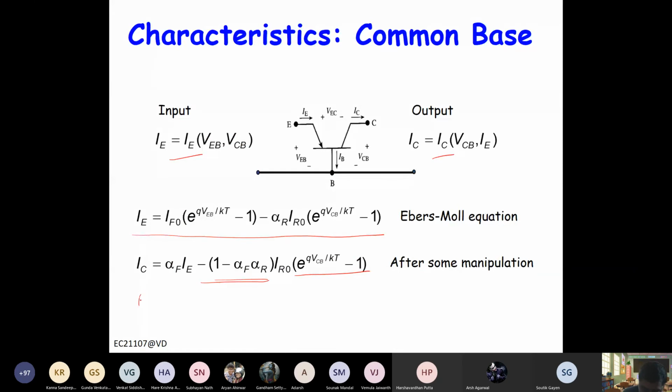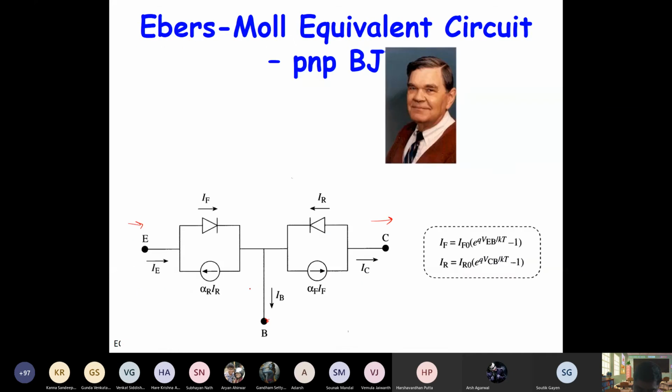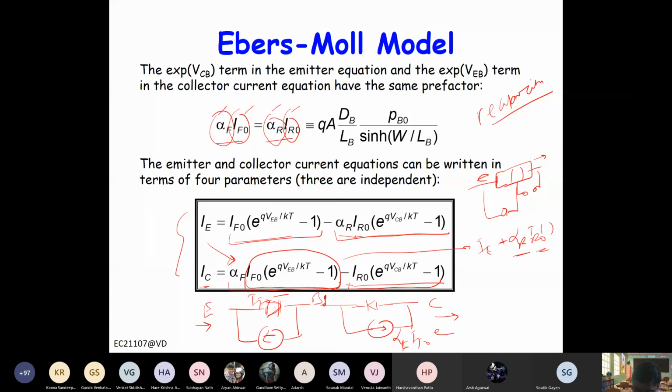And similarly you can write IE also. IE will be alpha R times IC. IC can be written as minus IC, IR naught, minus IC plus alpha F IF naught, right? So minus minus will become plus here.